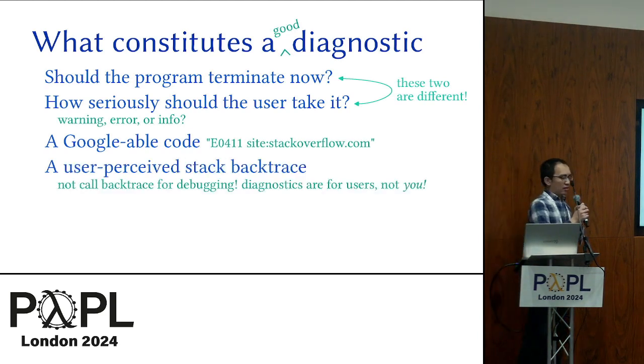The other thing is then a user-perceived stack backtrace, the traces of why this error has happened. And I want to make another clarification here. It's not a code backtrace, because the user doesn't care how it's really implemented in your code.